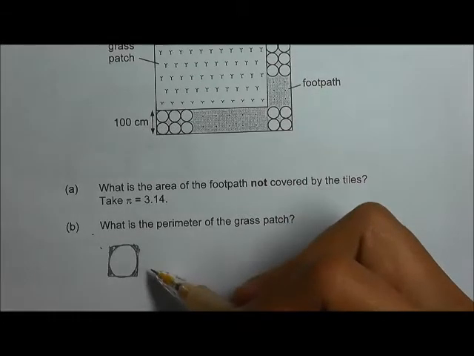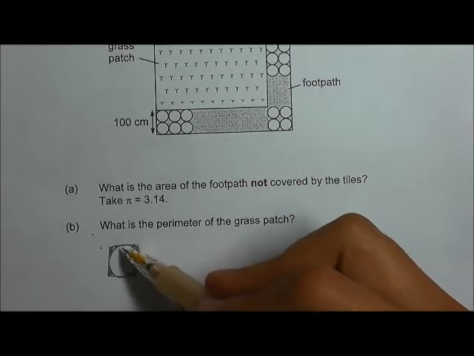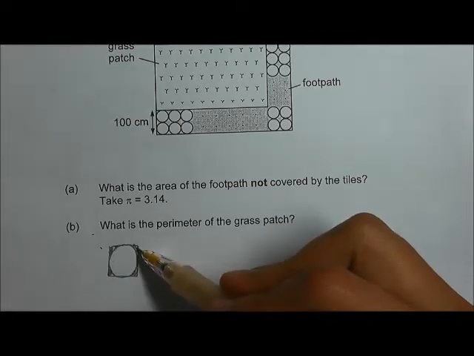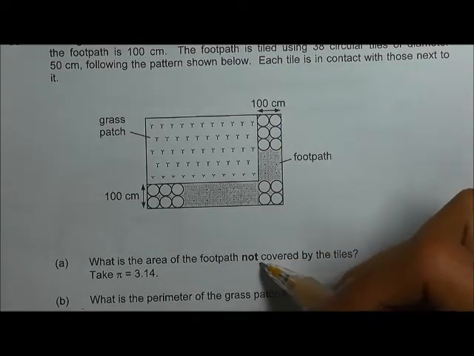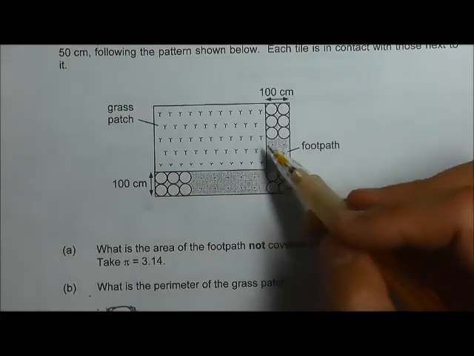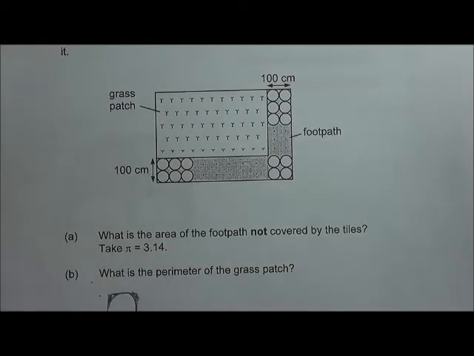So what we need to do is to find the area of the square minus the area of the circle to find the shaded area, and the total area not covered by the tiles will be the shaded area multiplied by 38. Okay, so we can proceed.